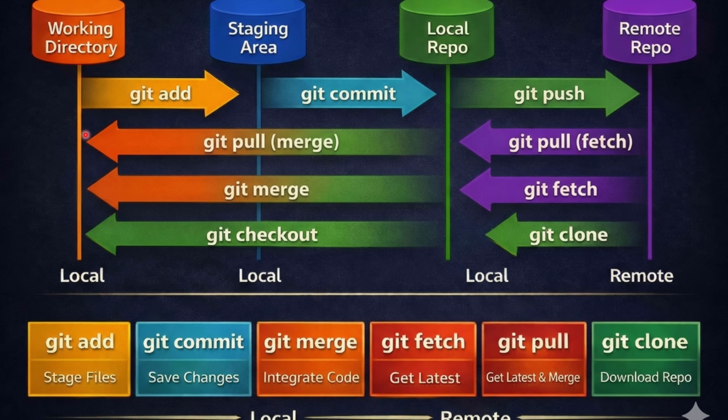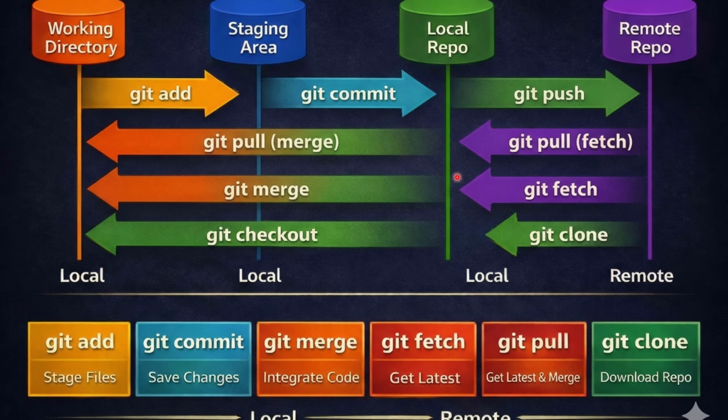Now let's take another scenario where you want to see which files have been changed, to decide whether you really need those changes or not. In that case, you will manually write the command git fetch. It will bring the changes or the new files from the remote repository to the local repository.